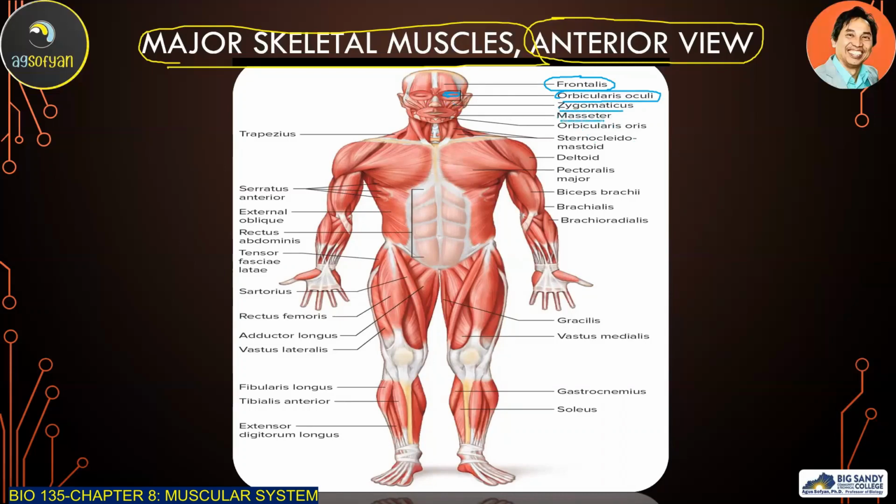Masseter, this is also in the cheek under the zygomaticus and usually used for helping in chewing. Orbicularis oris, again orbicularis means circle, oris means mouth, so this is the muscle that circles our mouth. When we kiss, for example, we use this orbicularis oris muscle.